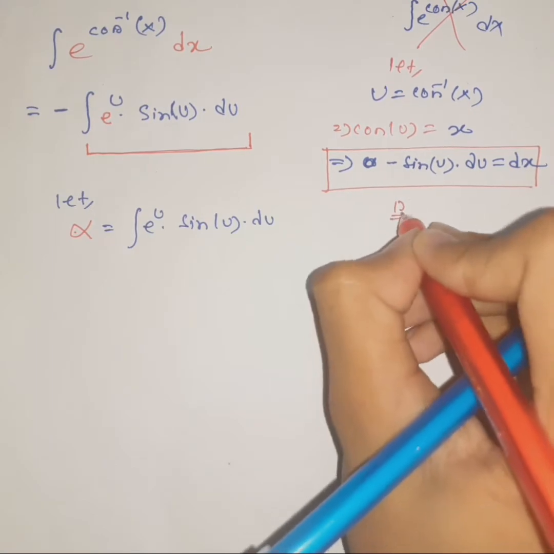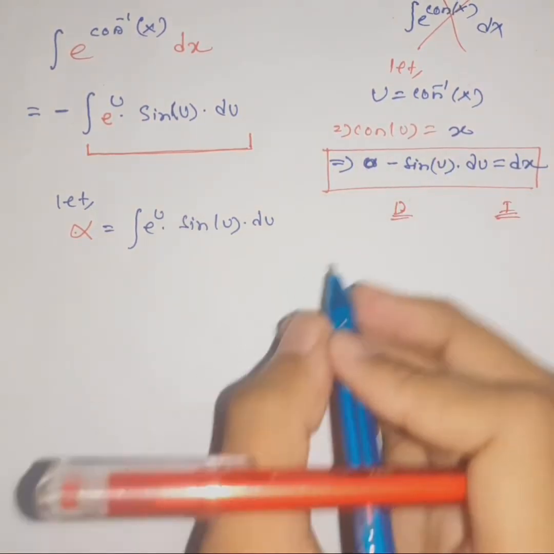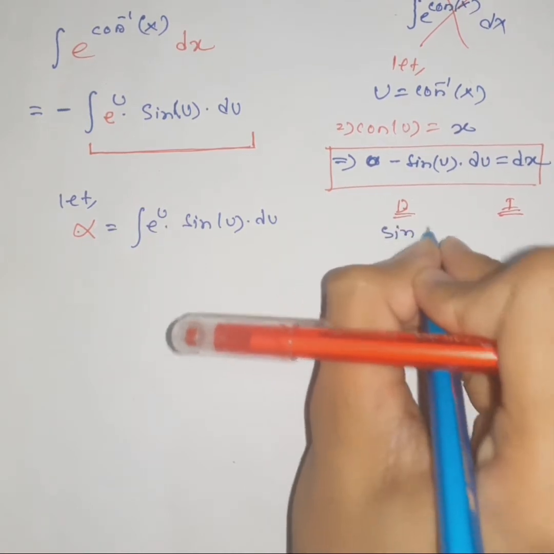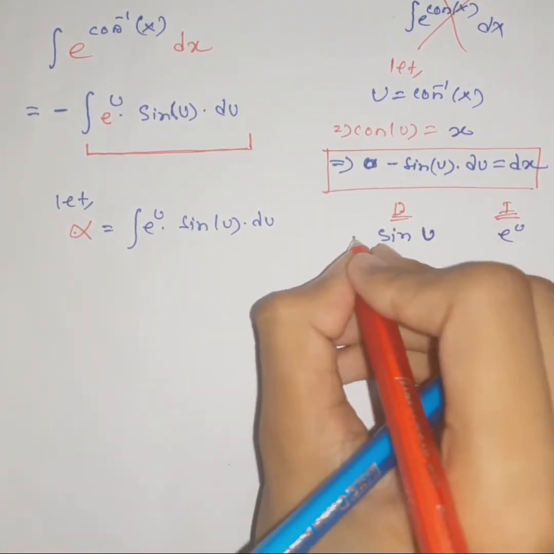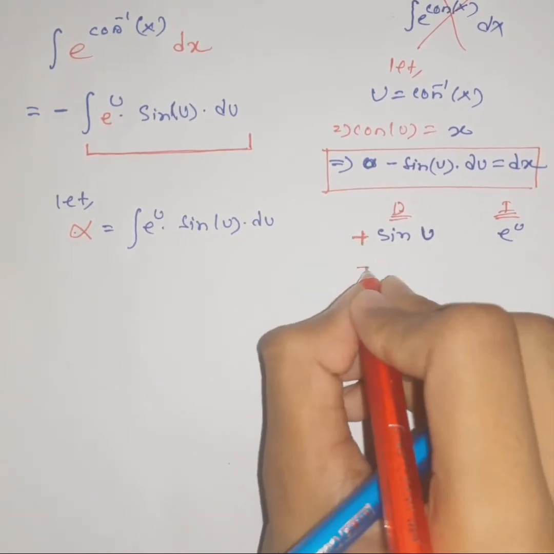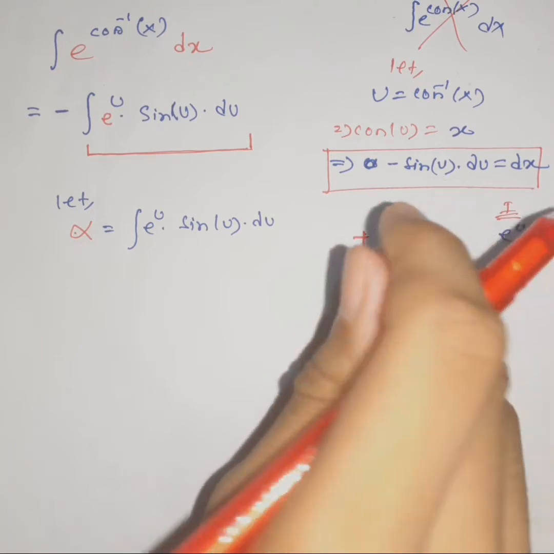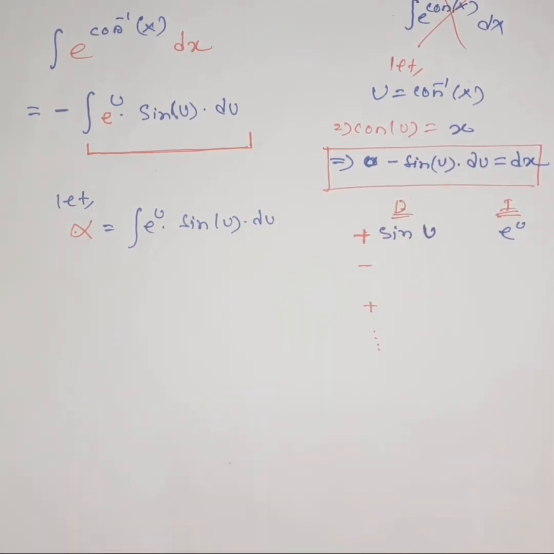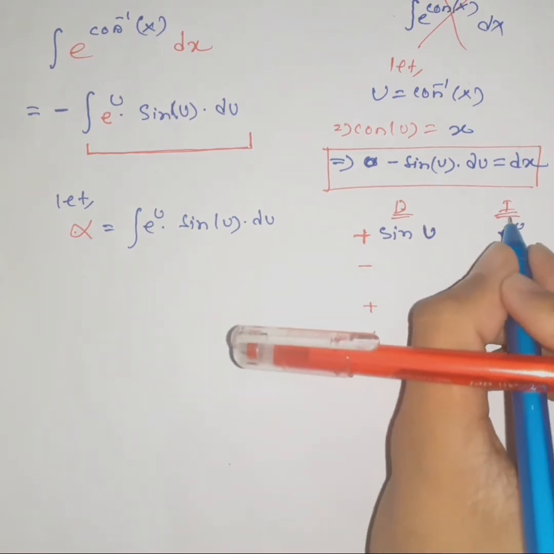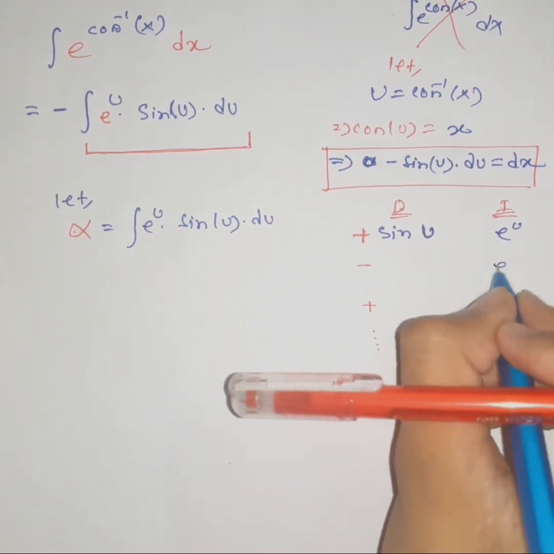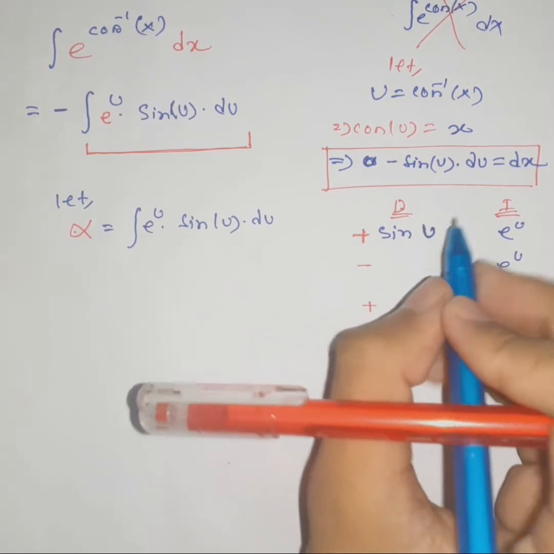So here is our DI setup for integration by parts. We are going to differentiate sin u and we are going to integrate e to the u, and don't forget these signs: first one is plus, then minus, then plus, then it goes on like this, plus minus plus minus.